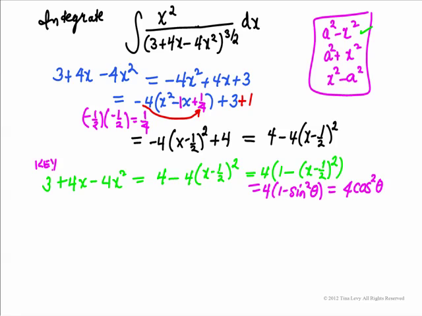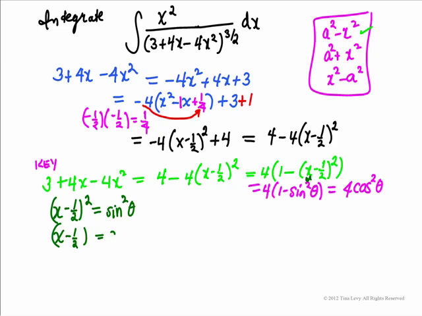Looking at this, we can see that (x minus a half) squared is going to be equated with sine squared. We make the quantity (x minus a half) squared be sine squared theta. So sine theta is just x minus a half.